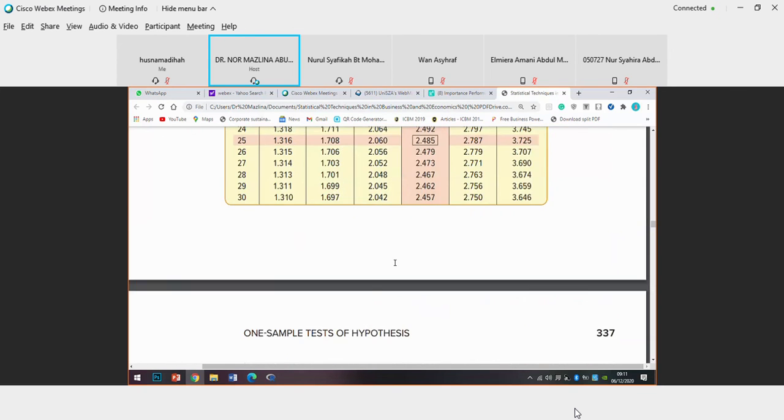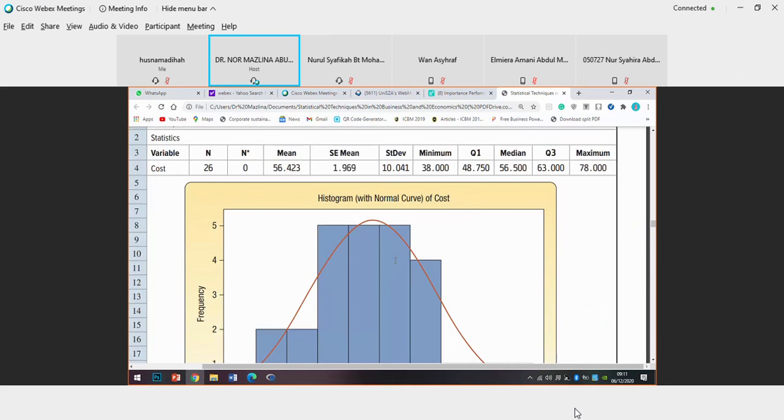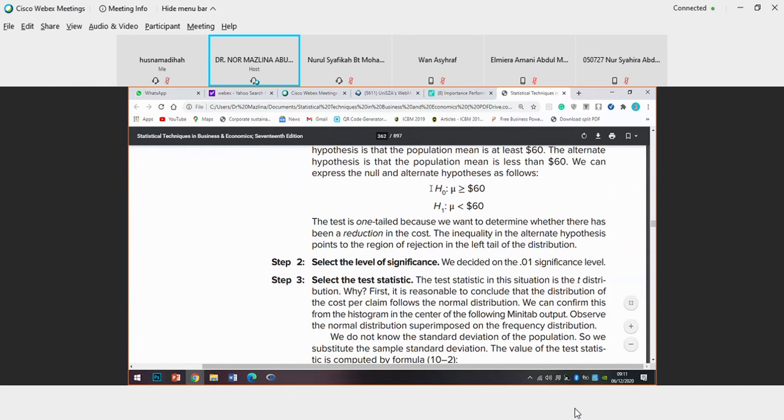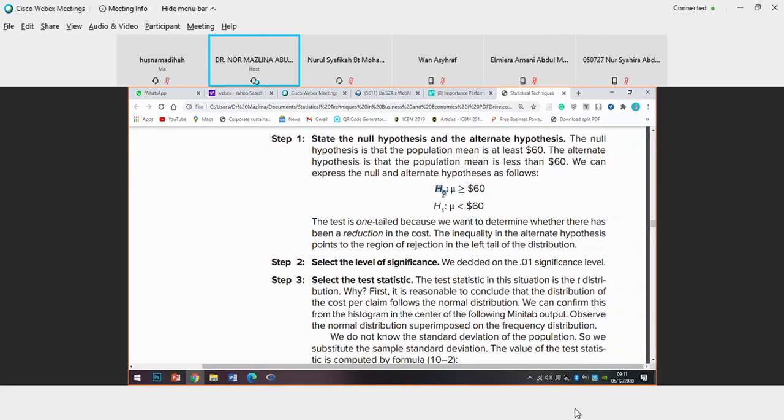Jadi sebab tu penting kita tulis H naught, do not reject. Apa maksud awak do not reject H naught? Maknanya jangan reject lah statement ni. Do not reject this statement. Okay, so you know that the cost is still 60 or more lah kan? Betul tak? Okay, so it's still average does not change.